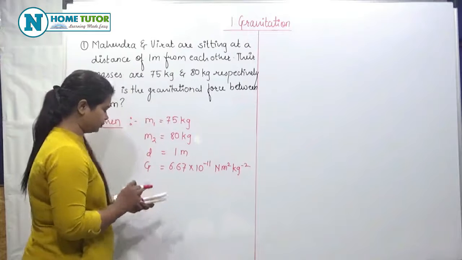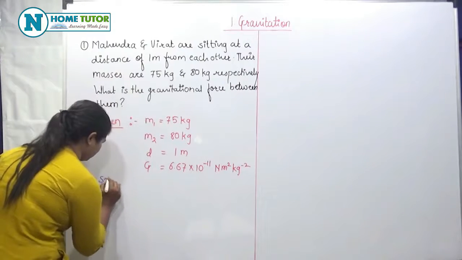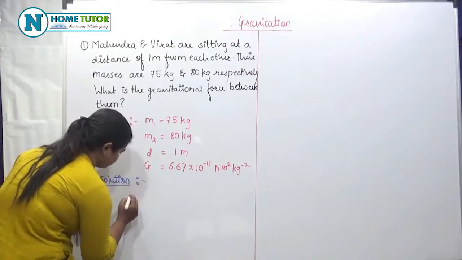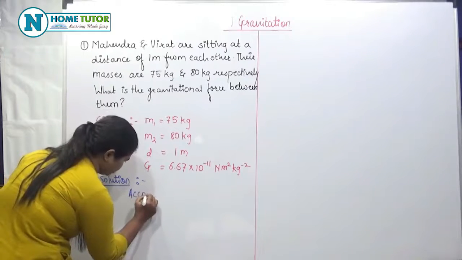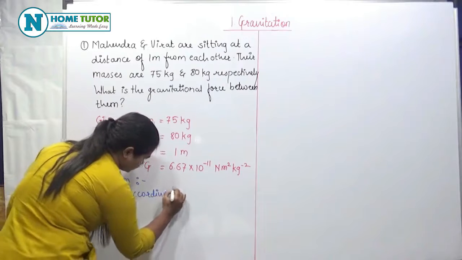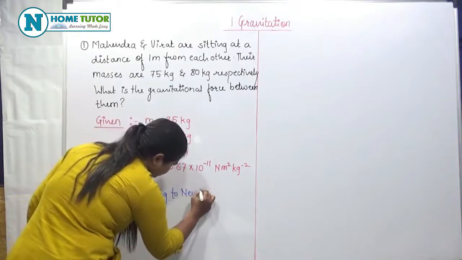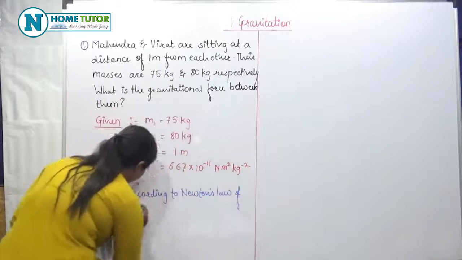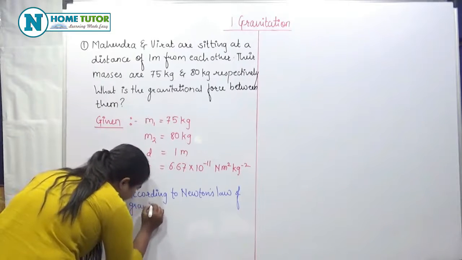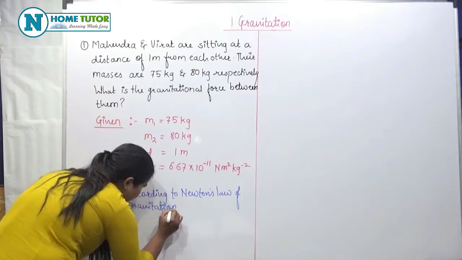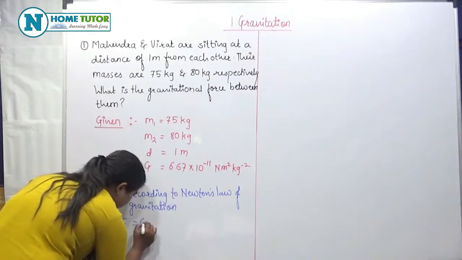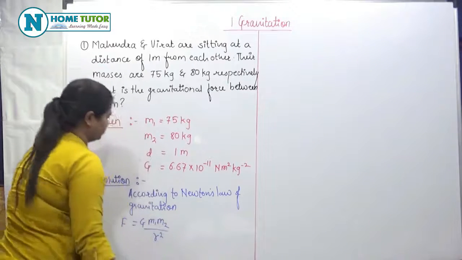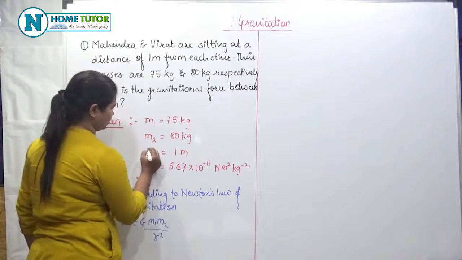So let's solve this. According to Newton's law of gravitation, F is equal to G m1 m2 upon r square. We can consider here this r.